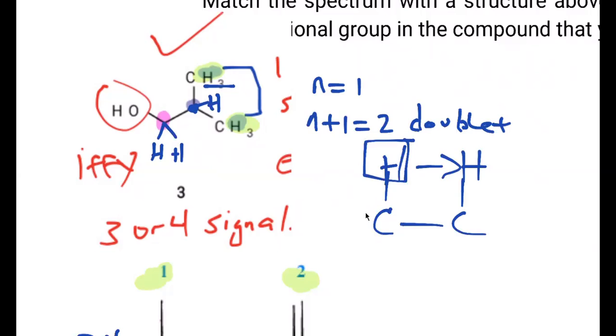For that CH3 on the carbon next door, that's 1 neighbor, 1 hydrogen. So when you apply the N+1 rule, if N is 1, you get a doublet. You only count what's adjacent.